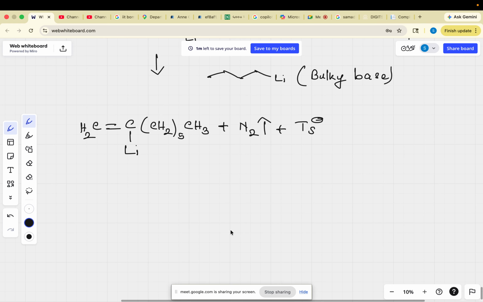You are getting the less substituted alkene. If you are doing Shapiro reaction, you will get the less substituted alkene. If you are doing Bamford-Stevens, you will get the more substituted alkene.